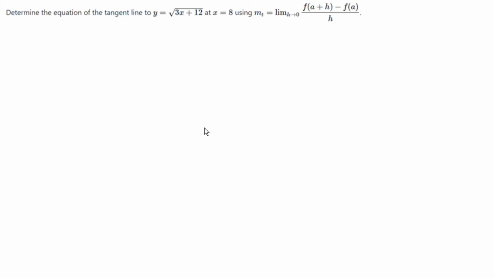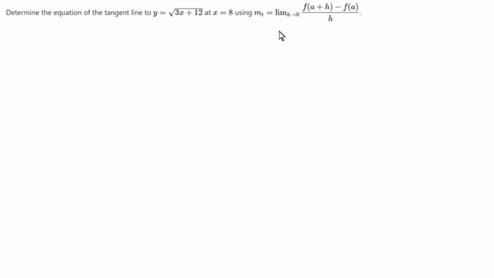Determine the equation of the tangent line to y equals square root of 3x plus 12 at x equals 8 using the slope of the tangent line equals the limit as h tends to 0 of f of a plus h minus f of a over h.